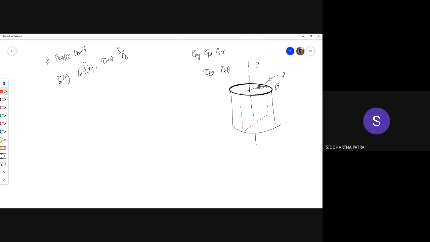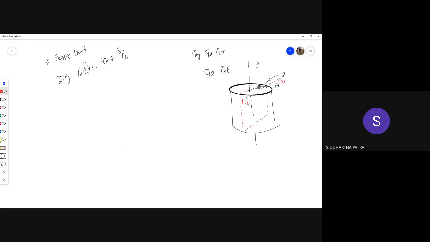So the shear stress is acting in that plane. Then the shear stress on that surface would be acting in the z direction, and that would be tau z theta on a plane that is perpendicular to the theta direction. And this one is tau theta z.